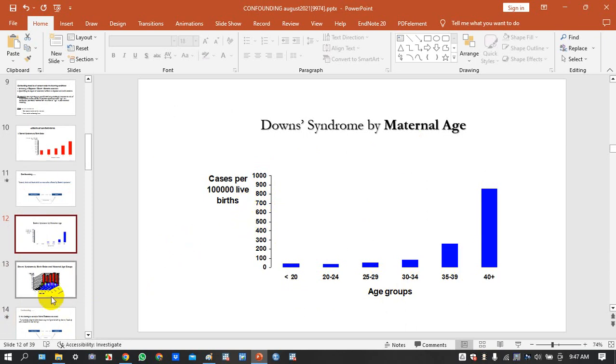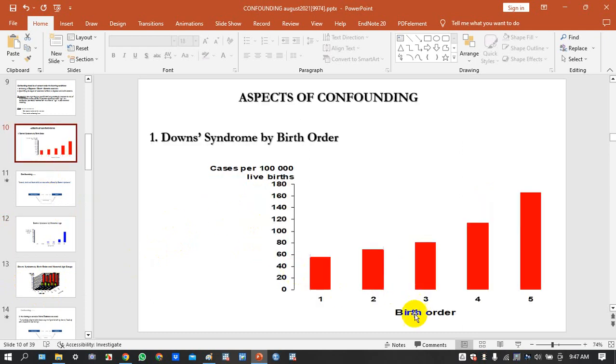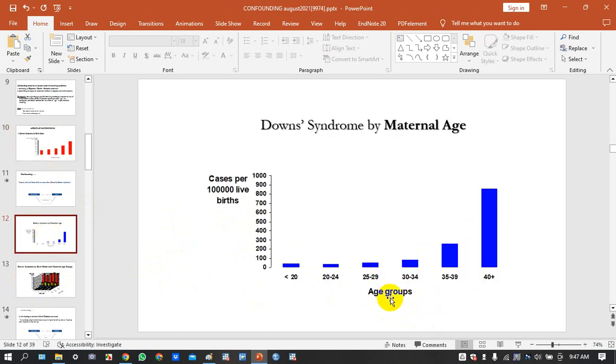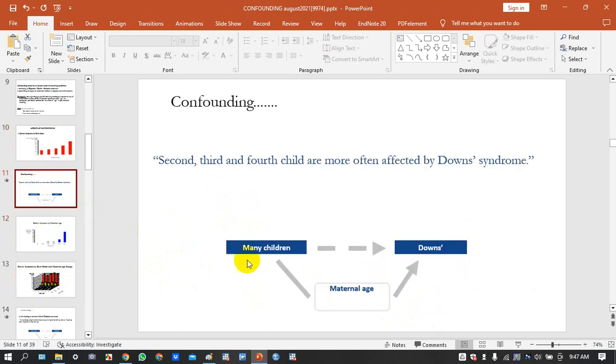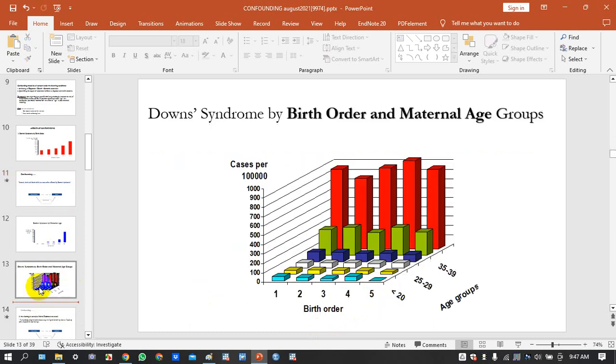We have considered birth order. Now we go back to consider age, because we saw that age can be a confounder. So let's find out whether the age of the mother is what is causing the Down syndrome, or the number of children. We want to investigate and find out why.